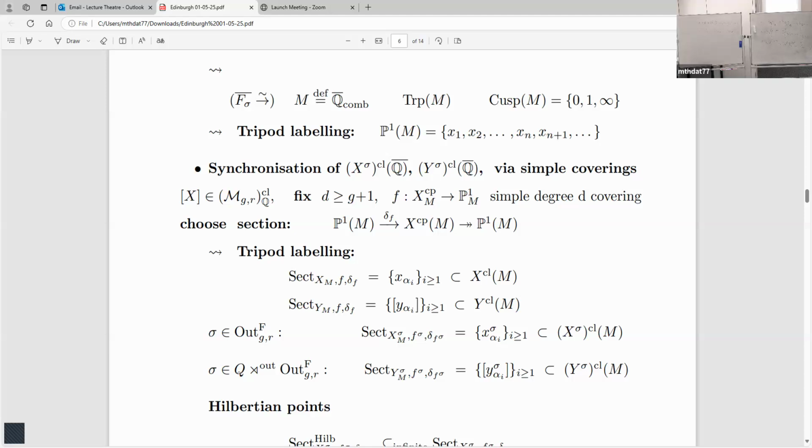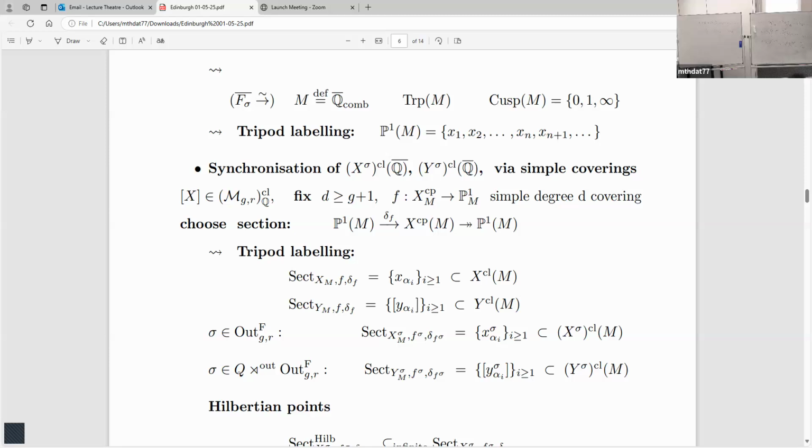So they inherit the labeling that we have fixed, right? And then you also get a labeling of the fibers of these points in the cover Y.